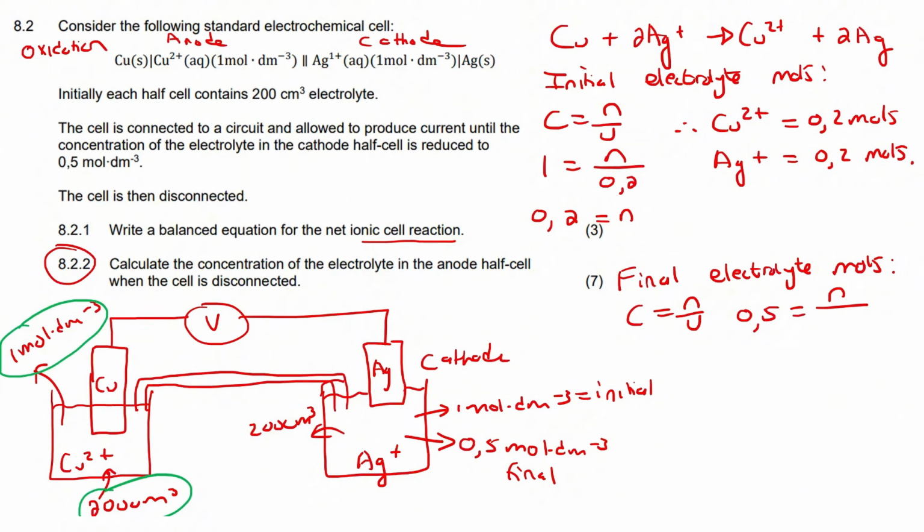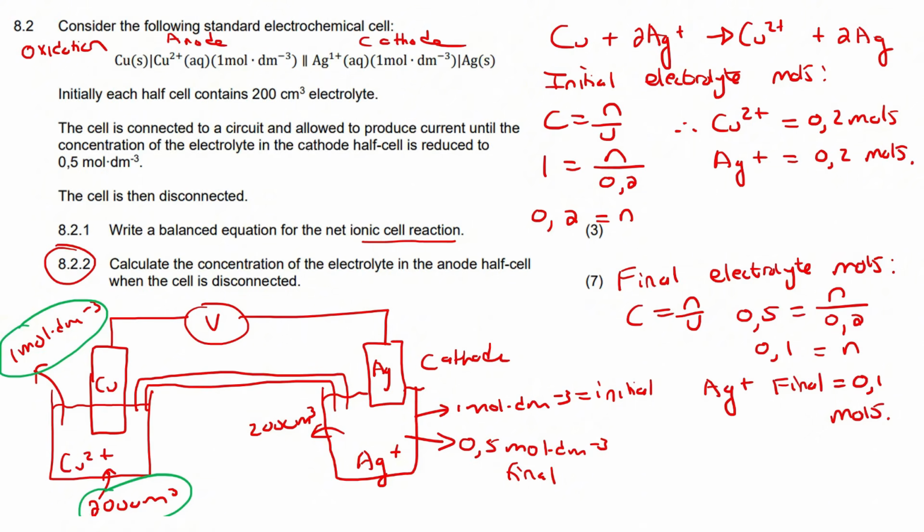This liquid doesn't rise or drop. It just stays as it is. So it's always going to be 200, okay? And so if you had to go work this out, you're going to end up with 0.1. So the Ag+ final is going to be 0.1 moles.